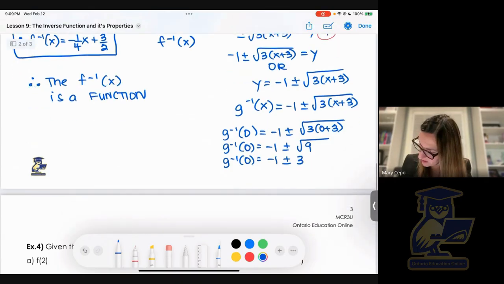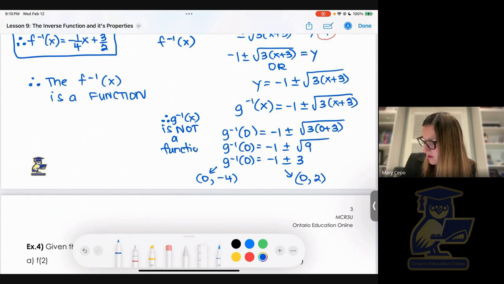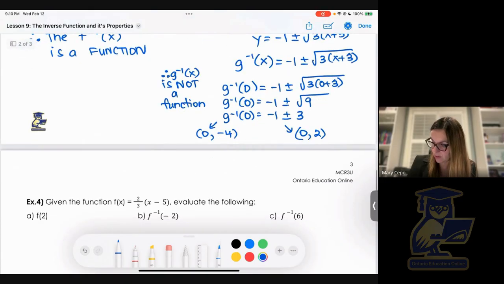So we can already tell that when x is 0, y is equal to negative 1 minus 3, which is negative 4, or when x is 0, negative 1 plus 3, which is 2. So therefore, the inverse is not a function, because for the value of x being 0, there are 2 values for y. So each value in the domain does not have a unique value in the range.